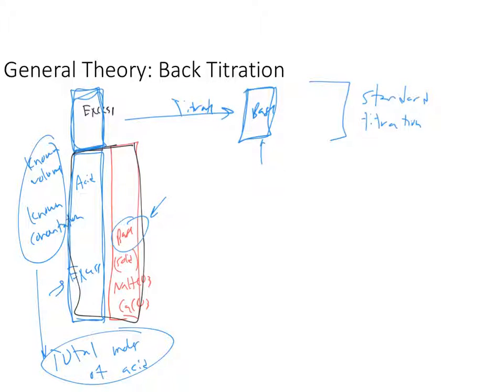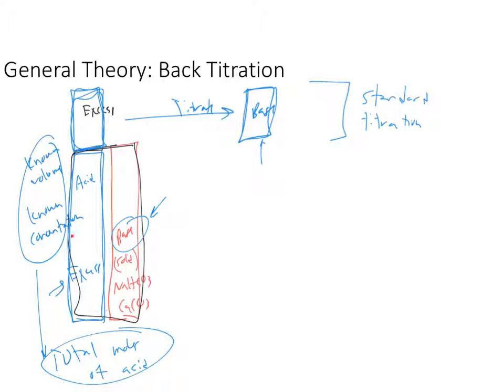So it's a bit longer, a bit more complicated, shall we say. So we start with some amount of base, and we know, for example, the mass of the base, but we don't know the number of moles. I react some amount of excess acid. Some of that acid will react with the base and be gone, no longer in the solution, but there will be some excess acid left over, which I titrate with the base using a standard titration practice.